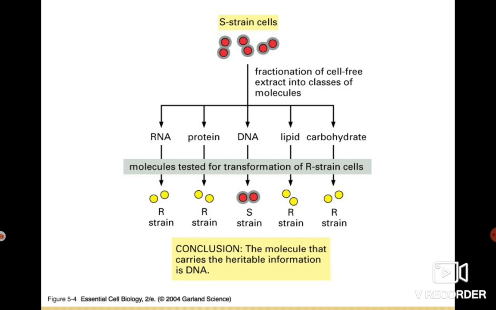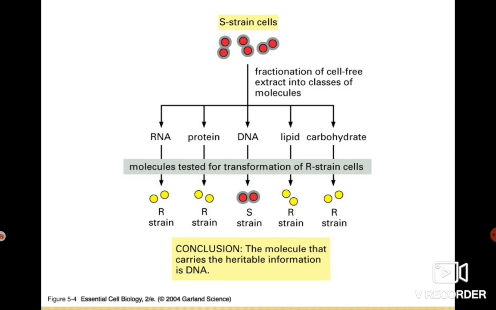Then they added DNA of this S strain along with R strain, and they obtained S strain here. This is clear evidence that DNA is genetic material, as it has the ability to convert one form into another, or it is an information carrying molecule.